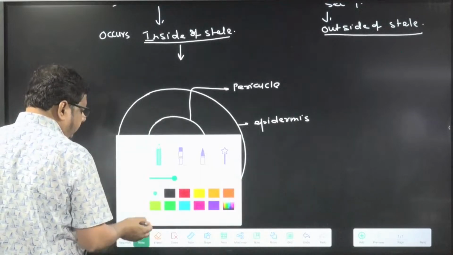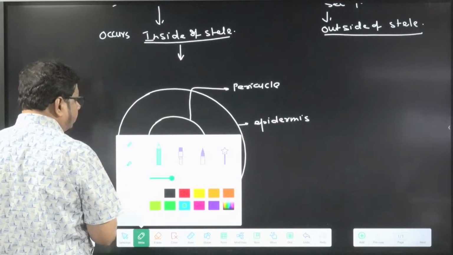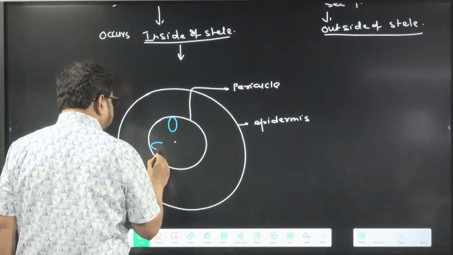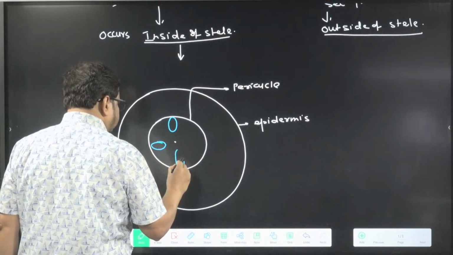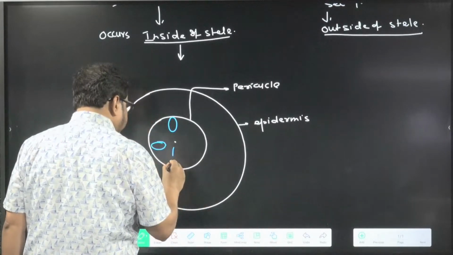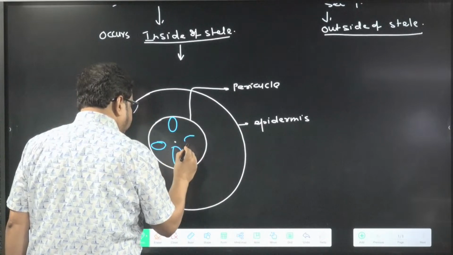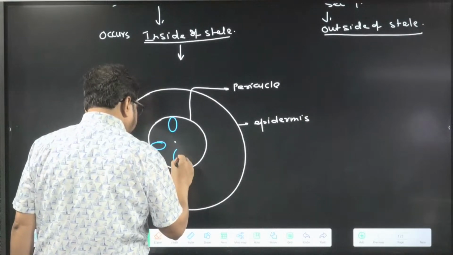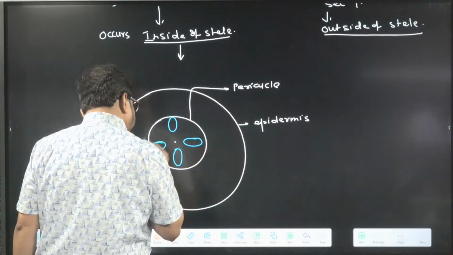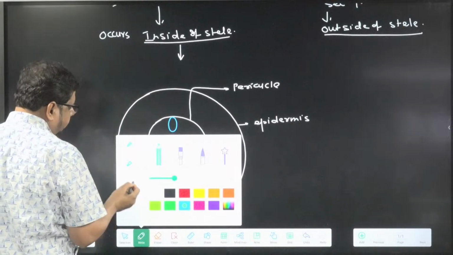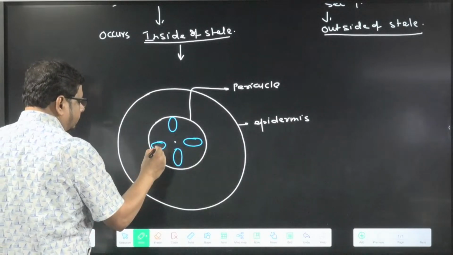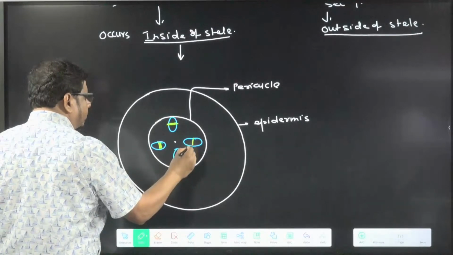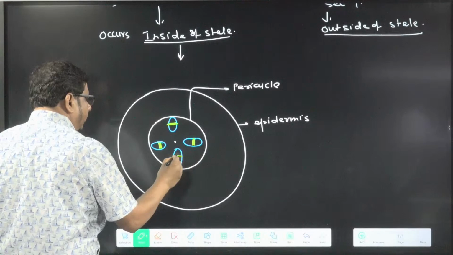So now I am drawing the vascular tissue. Have a look here. This is cambium, cambium, cambium, and cambium.